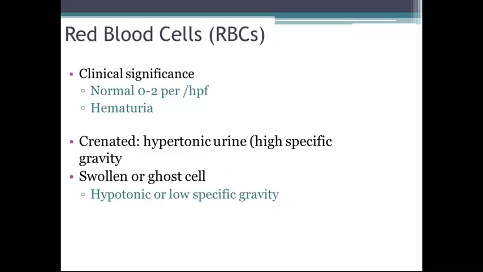Red blood cells, the clinical significance: normal is 0 to 2 per high power field. If there's more than this, it is called hematuria. Typically, red blood cells can be crenated in hypertonic urine, meaning a high specific gravity, or swollen, or a ghost cell, if it's hypotonic or low specific gravity.